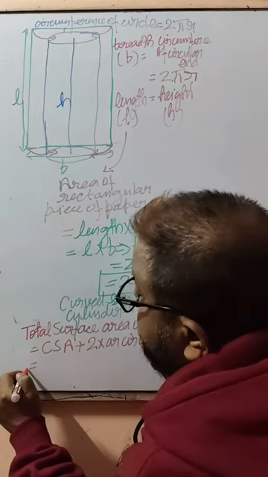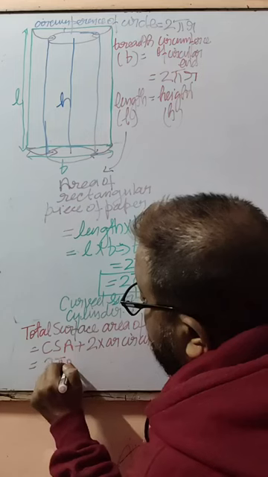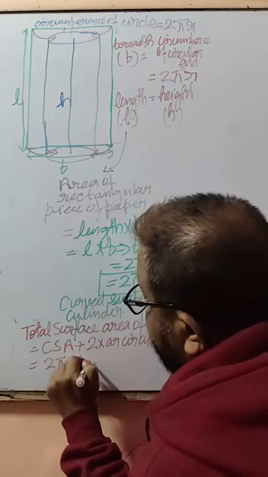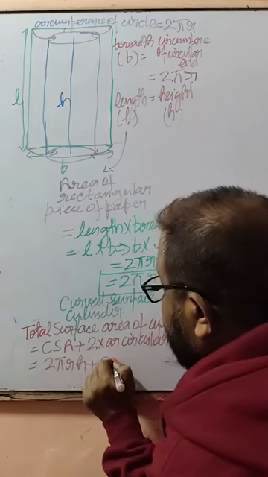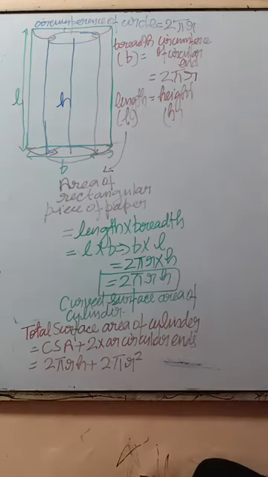So what is CSA? 2 pi RH plus 2 into pi r square. Area of circle is pi r square.